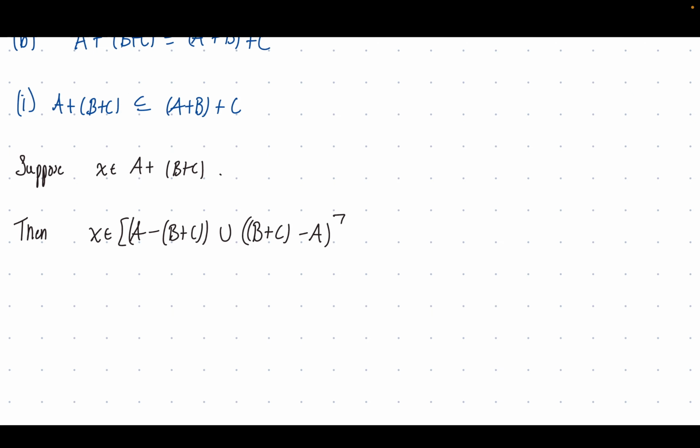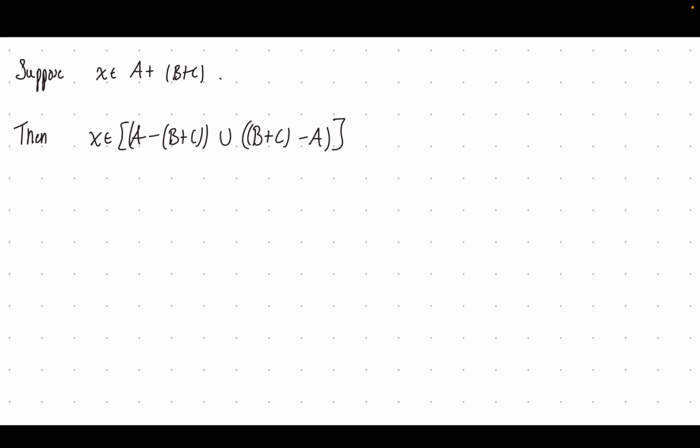Okay, so this is where things come in handy, specifically lemma 3, because we want to show that X is in A, but it's not in B plus C. Let's see how it is. All right, so let's do case one.